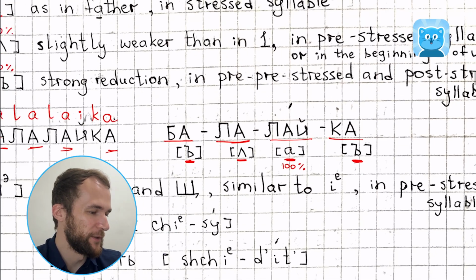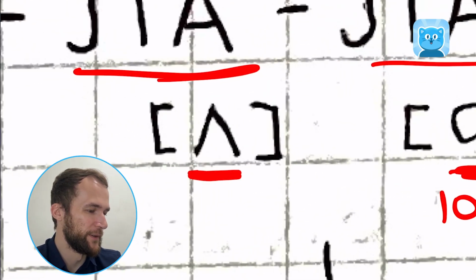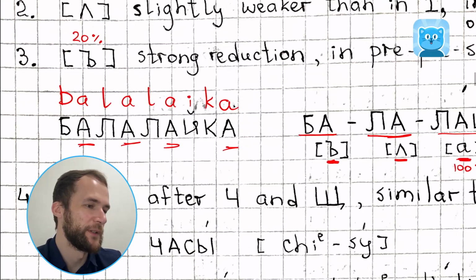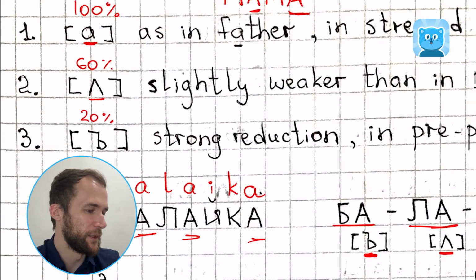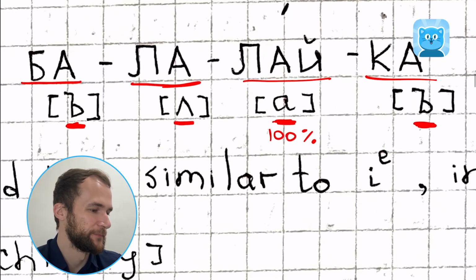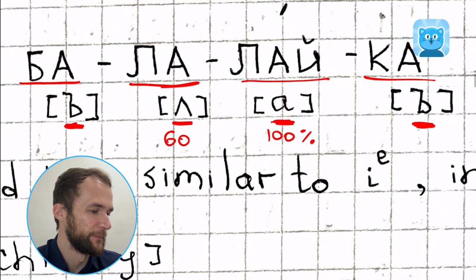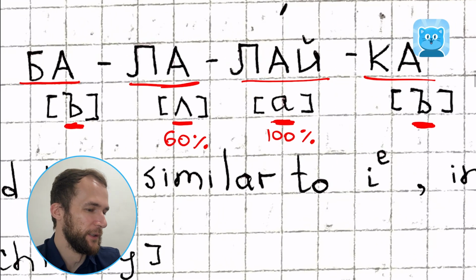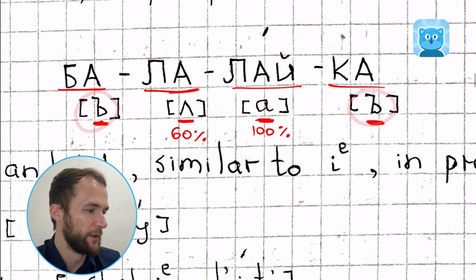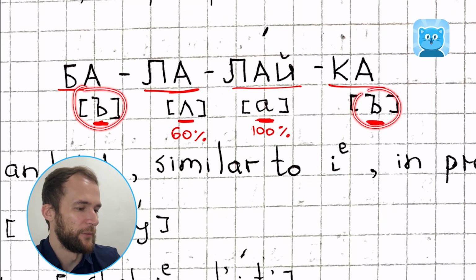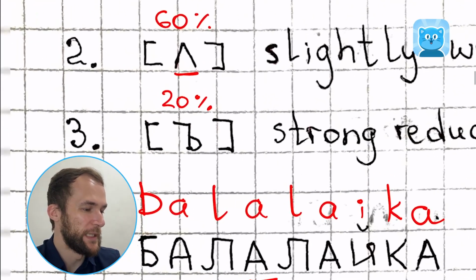This one over here is, let's see how many percent. That's 60% energy. So that's a weaker sound. And look, this one, and this one, how many percent are they? 20%.